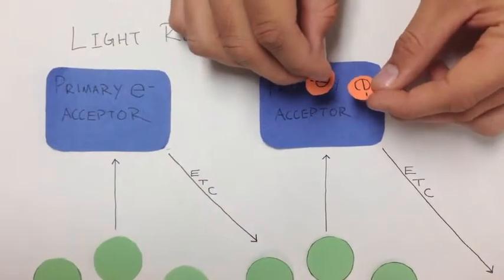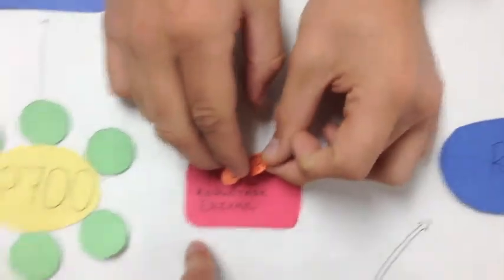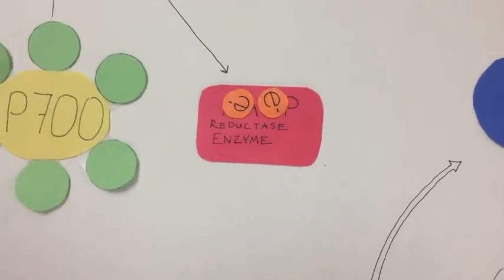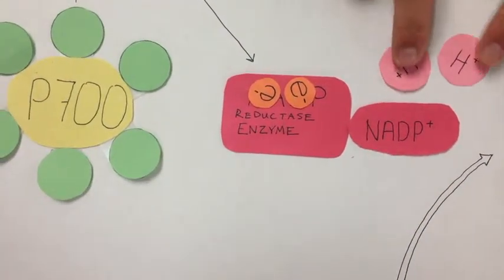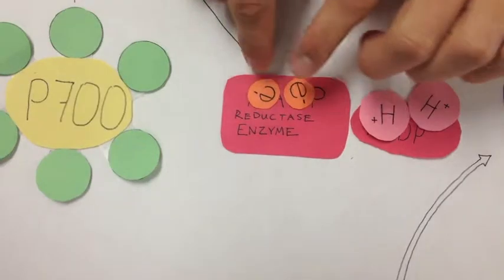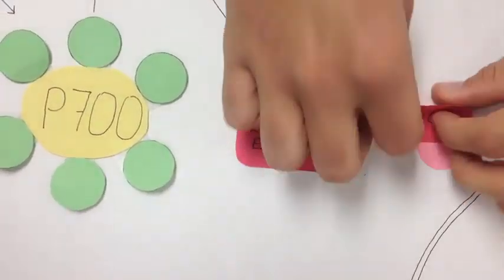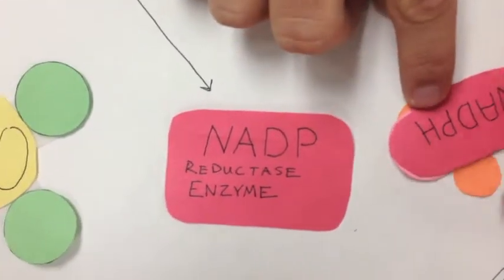Then, through another electron transport chain, they're sent to NADP reductase enzyme. What this allows to happen is NADP plus 2 hydrogen ions plus 2 electrons creates NADPH, effectively known as an electron carrier.